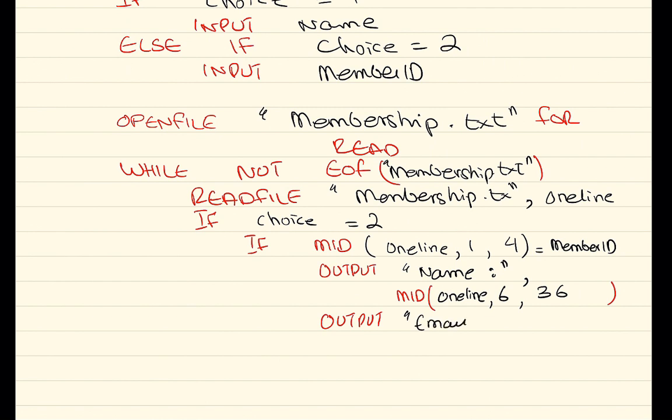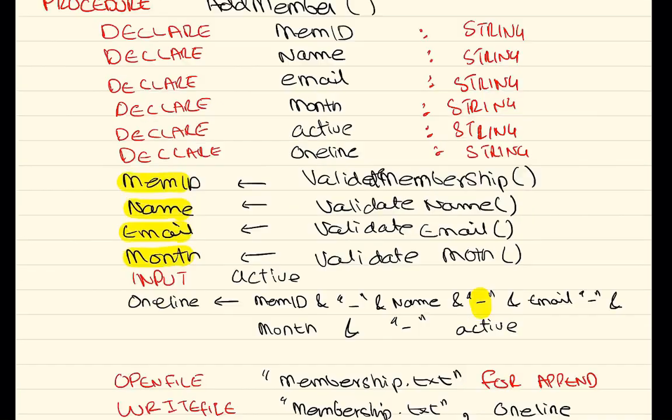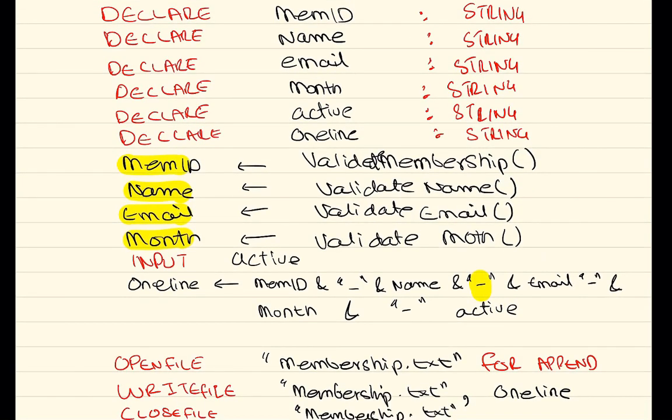So email is going to be, let's change this, so month and then email, so we can calculate from where this email will start. So this email will start from 36, 37, 38, 39, 40 and 41 and minus 4.